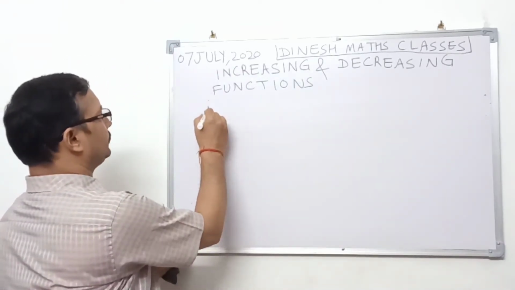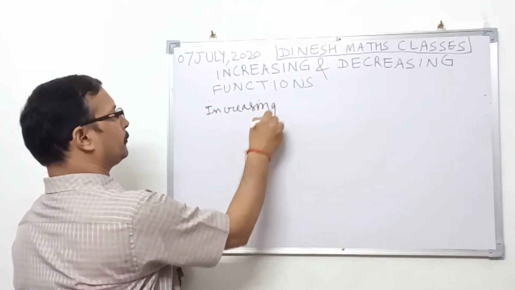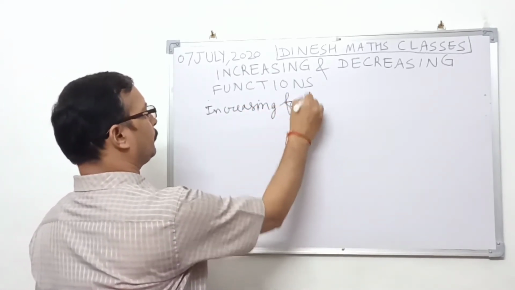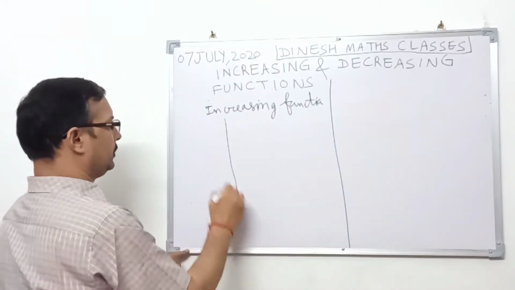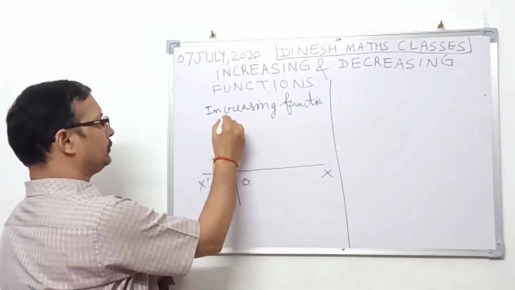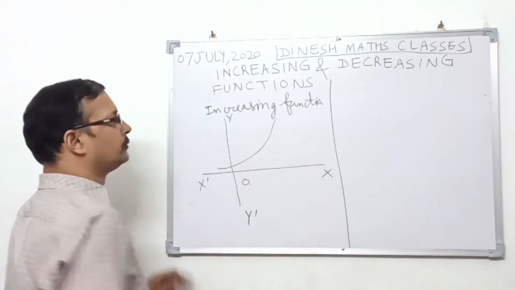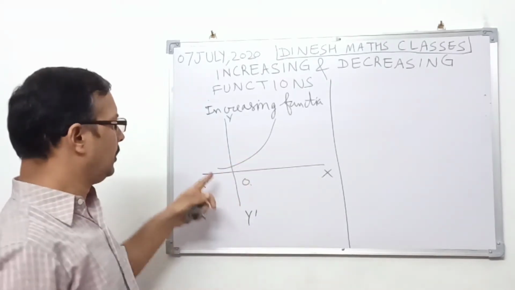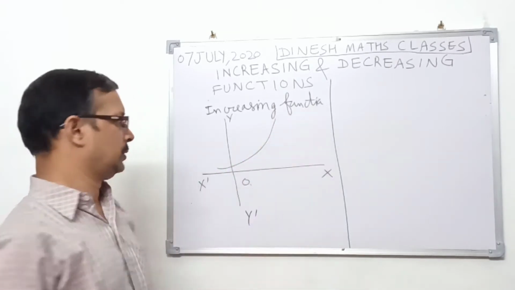An increasing function means the graph is any graph like this, which is rising like this. It's an increasing function because as you move from left to right, the graph is moving upwards.